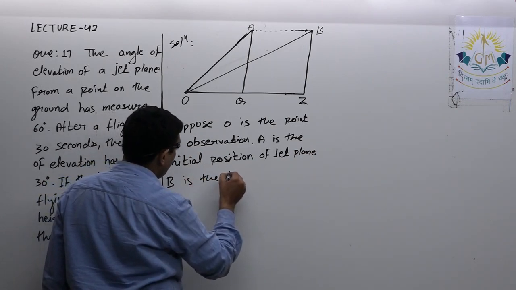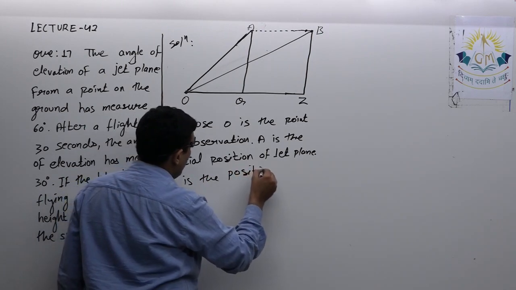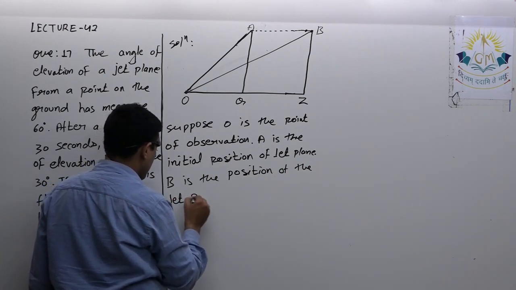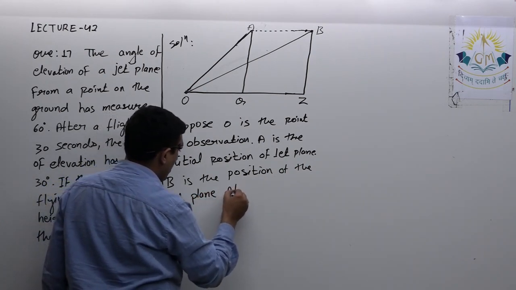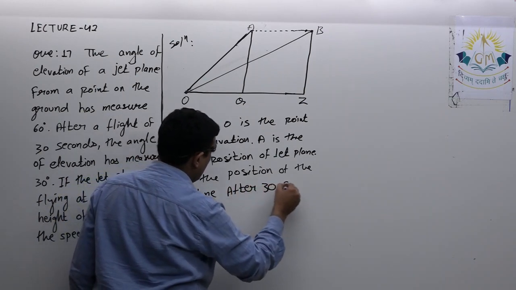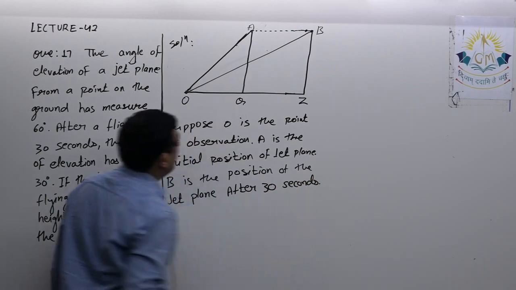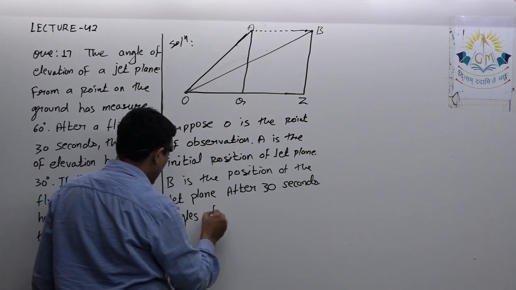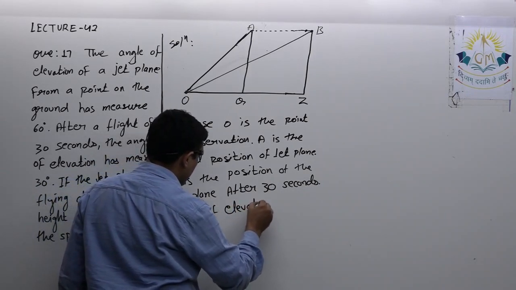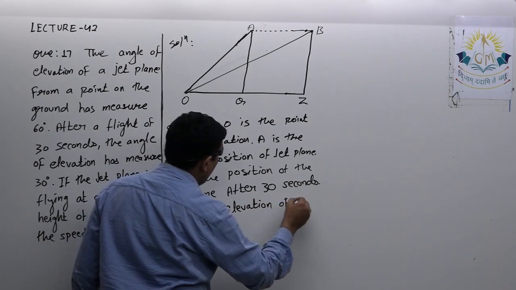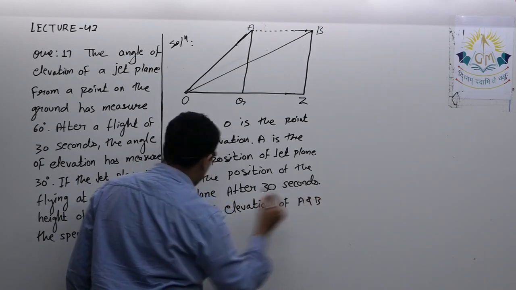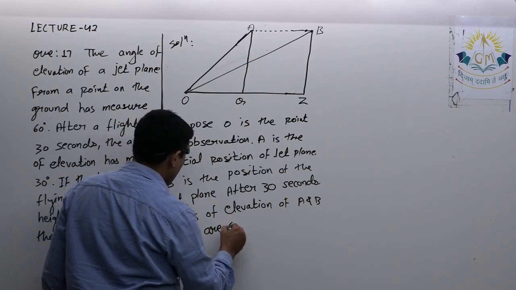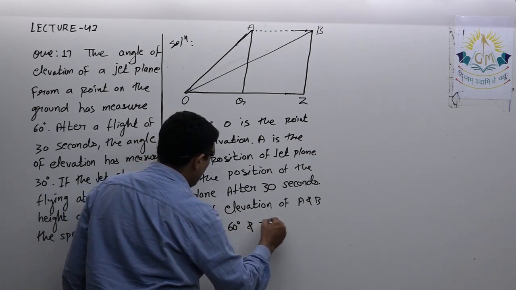B is the position of the jet plane after 30 seconds. Okay. Angles of elevation of A and B from O are 60 degree and 30 degree respectively.